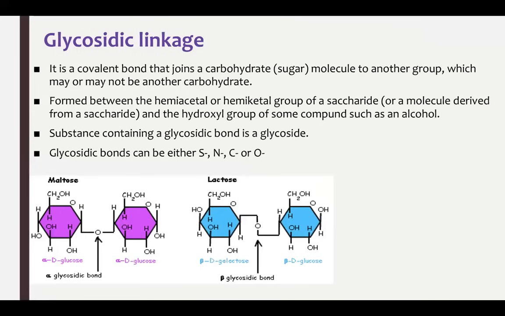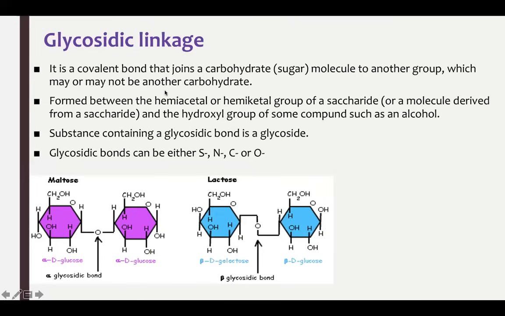So we'll discuss the glycosidic bond. The glycosidic bond is a covalent bond that joins two molecules of monosaccharide, or a sugar molecule, to another group or to a carbohydrate itself. So the molecule can be either a carbohydrate or any other molecule, because when you read about nucleic acids, you will know that there are other glycosidic bonds where a sugar molecule is not bound with a sugar molecule.